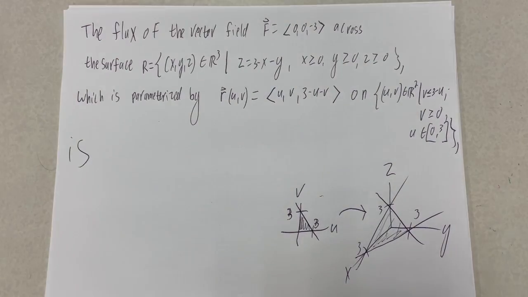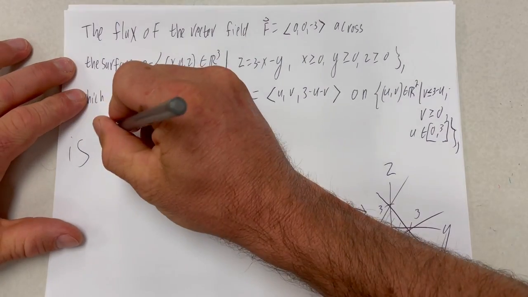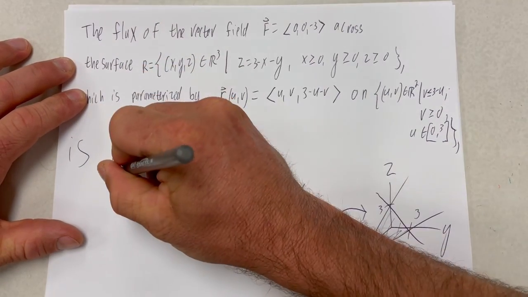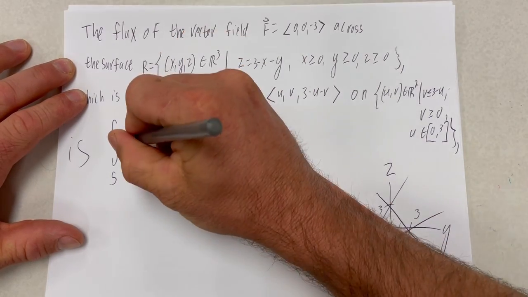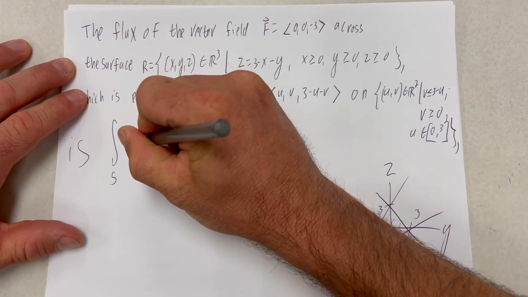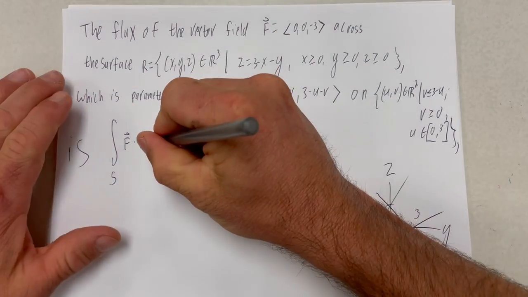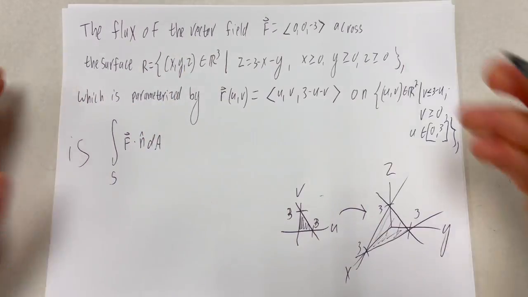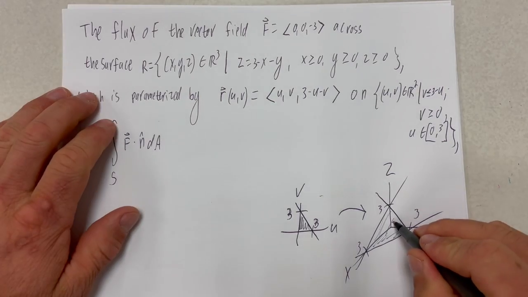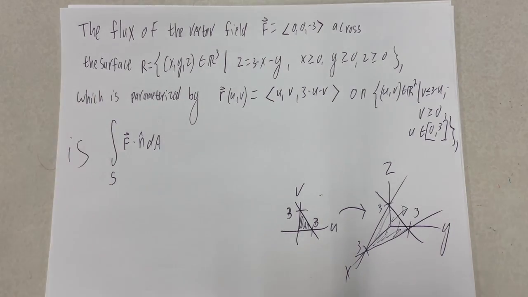Now the sentence is, the flux of the vector field across this surface is the integral over that surface of F dot n hat dA, where n hat is the normal vector pointing up this way.